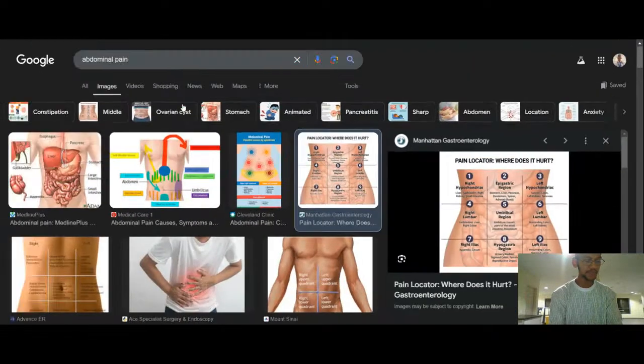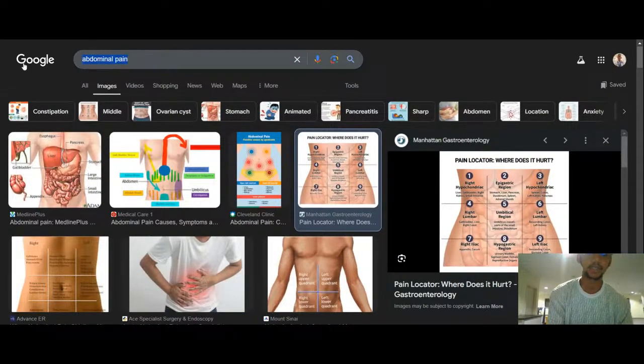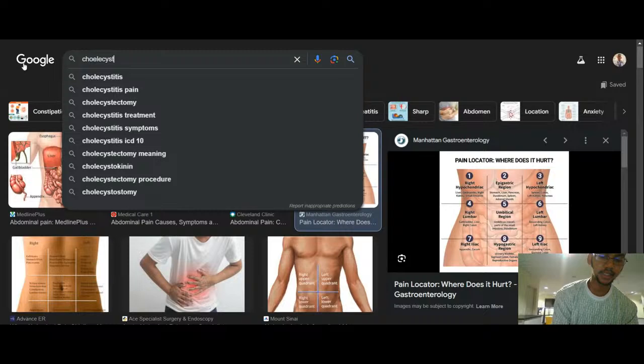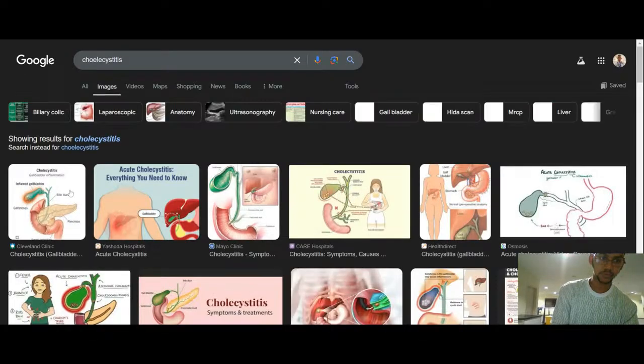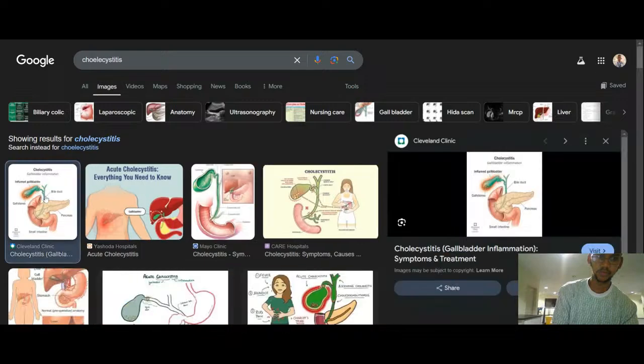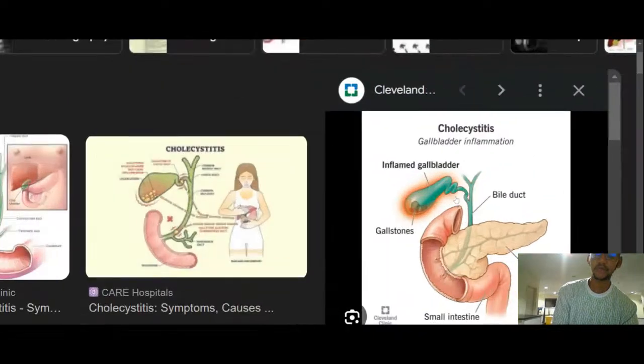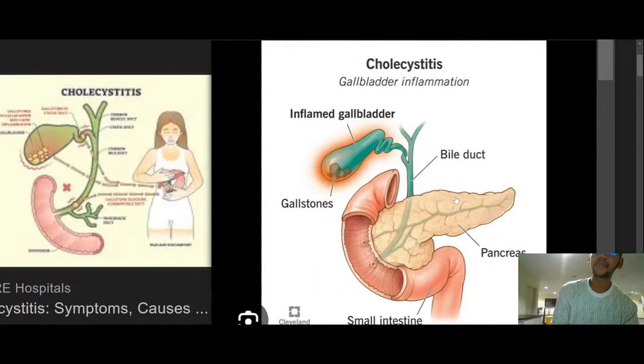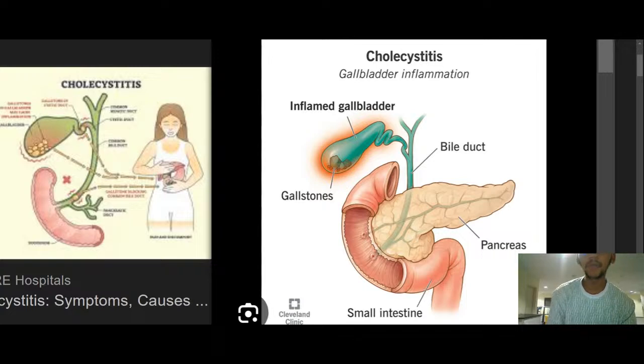So let me just type in cholecystitis. An inflamed gallbladder. Now, what's essential to understand is that there was a patient that I've seen in hospital who had a gallbladder, but it wasn't cholecystitis.